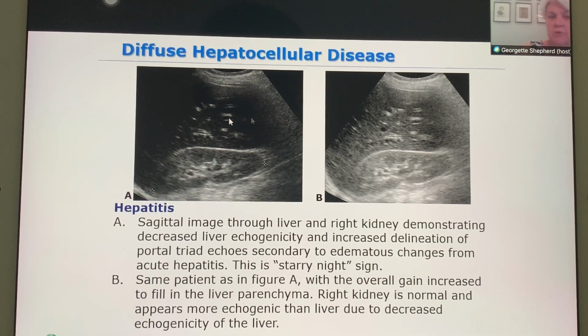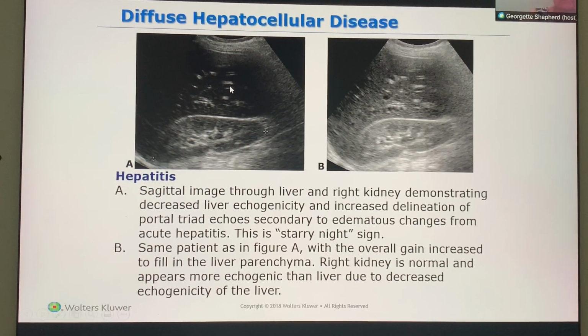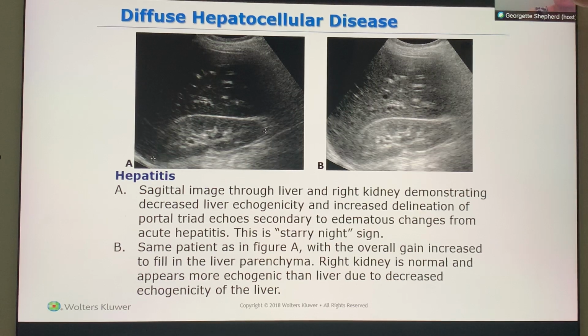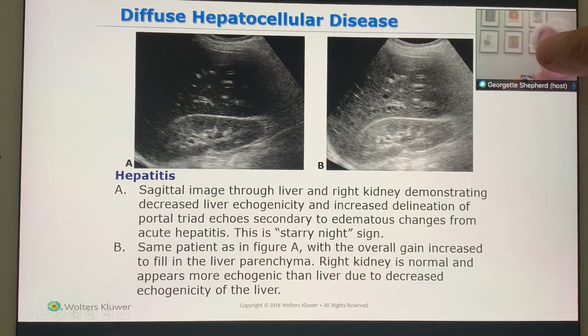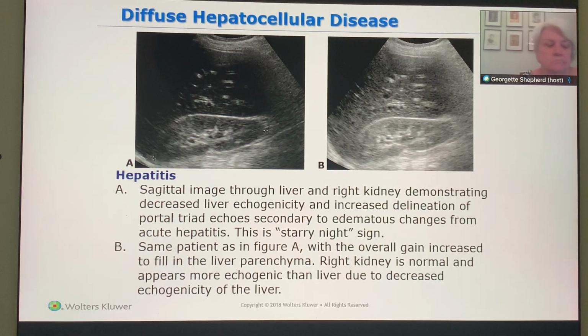This is acute. In acute hepatitis, the liver is going to be very hypoechoic. They've turned up the overall gain so we can see the texture of the liver.